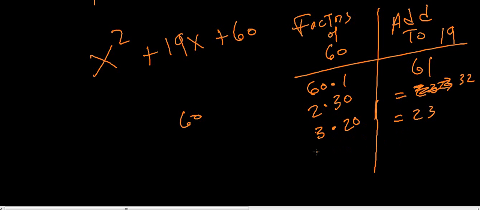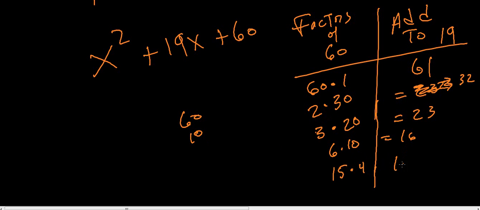So let's keep thinking here. We've got 2 and 30, 3 and 20, 1 and 60. What about 6 times 10? Well, 6 plus 10 is 16. What about 15? Because 15 goes into 30, so 15 should go into 60. So 15 times 4 is 60.